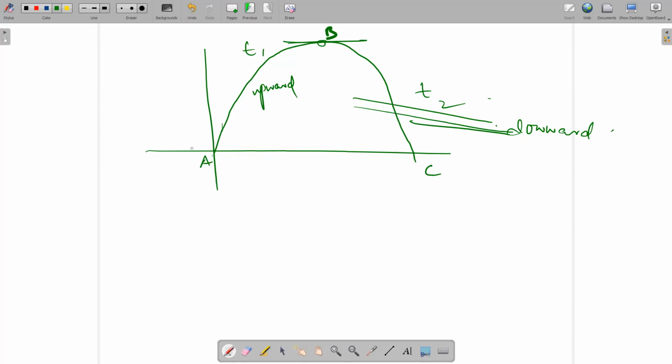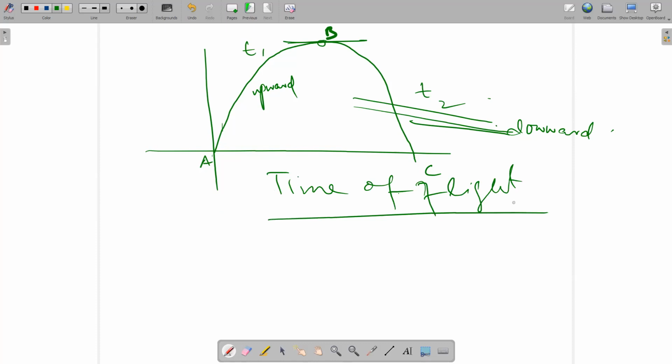If we want to find the time of flight, meaning the time for which the ball or particle remains in the air, from A to B and B to C, it remains in the air. So time of flight is upward time plus downward time. To find it, we apply the equation y is equal to Viy into t plus 1/2 ay into t square, where t is the time of flight.